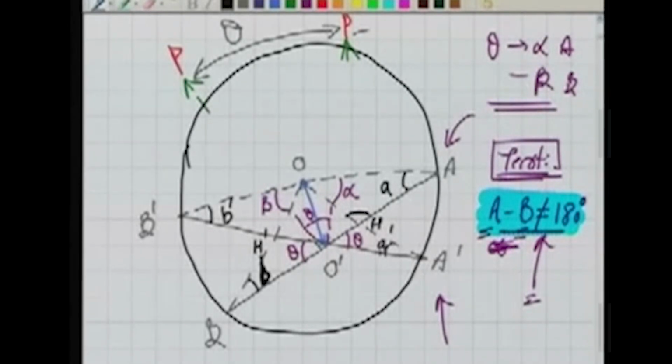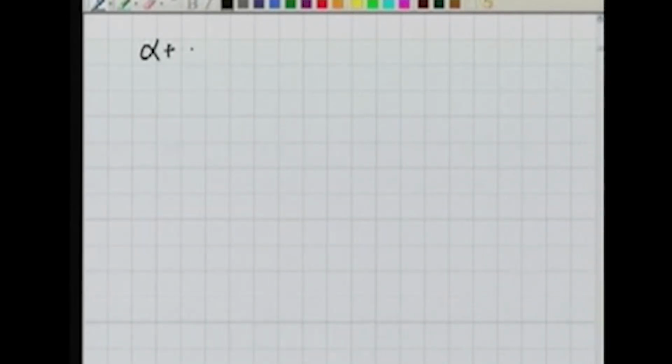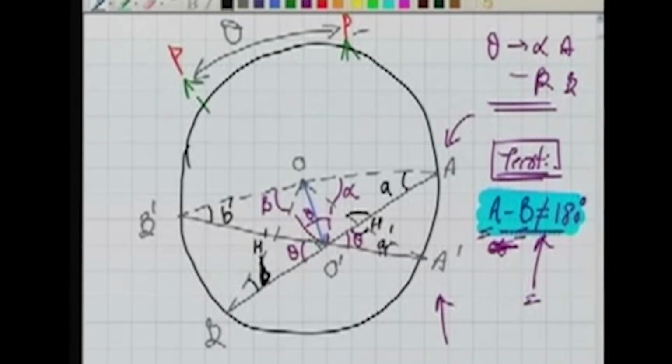This angle is same as this angle, as is very much clear here. So if these two angles are same, then the sum of alpha and A should be same as theta and A dash. So I'm going to write it, alpha plus A should be same as theta plus A dash. Now that should be clear to you.